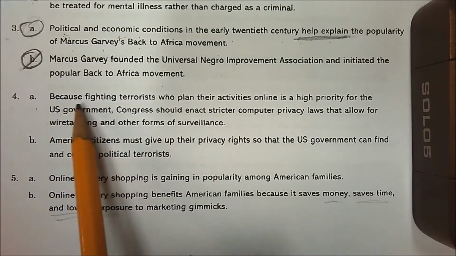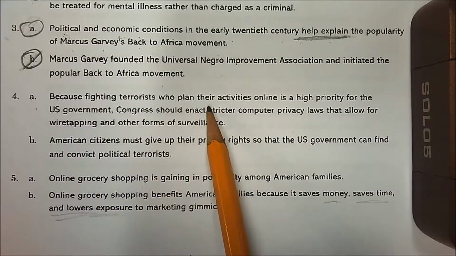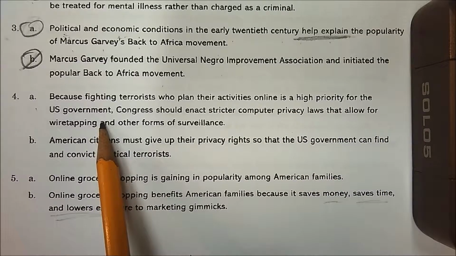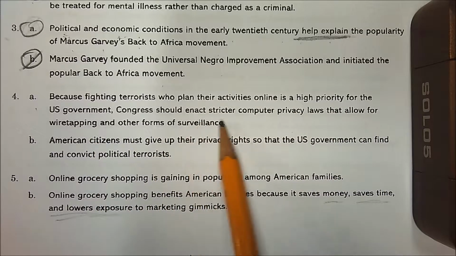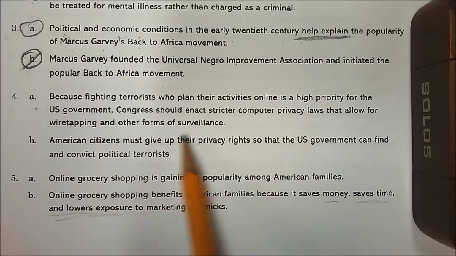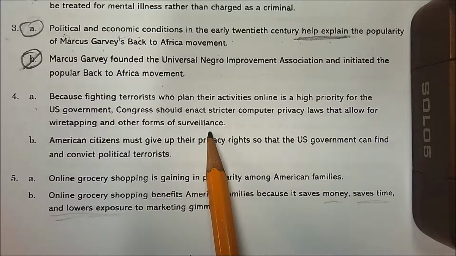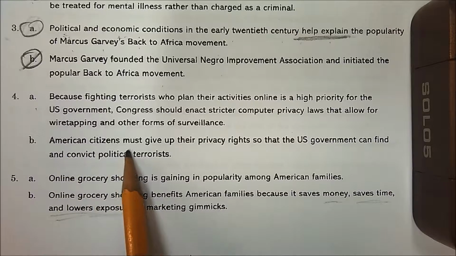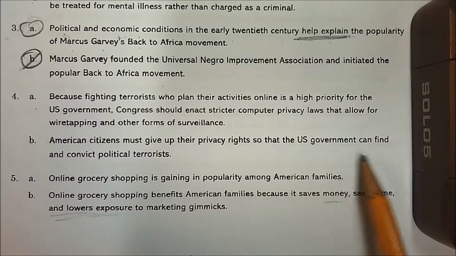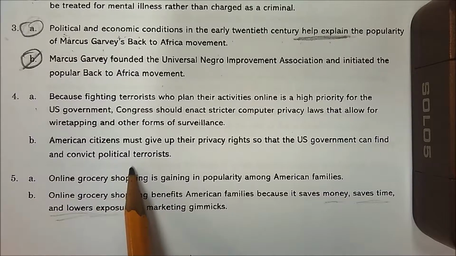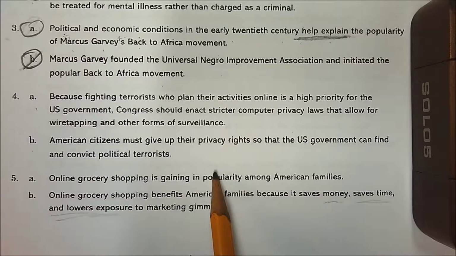Number 4. Because fighting terrorists who plan their activities online is a high priority for the U.S. government, Congress should enact stricter computer privacy laws to allow for wiretapping and other forms of surveillance. Versus: American citizens must give up their privacy rights so that the U.S. government can find and convict political terrorists. Well, let's start by saying 4B is too vague.